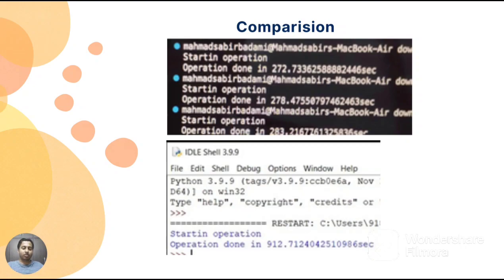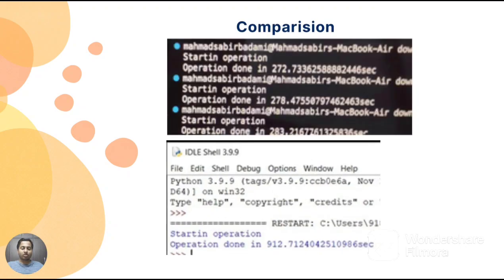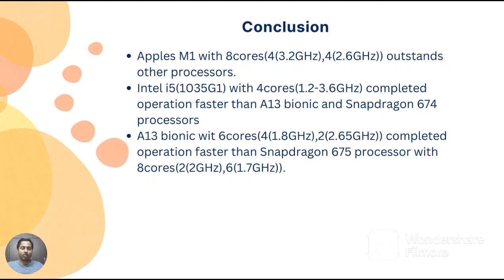We can also conclude that the Intel i5 processor executed much faster than the Bionic chip. And we can also see that the M1 processor had 4 cores for performance, which were clocked at 3.2 gigahertz, and 4 other cores.